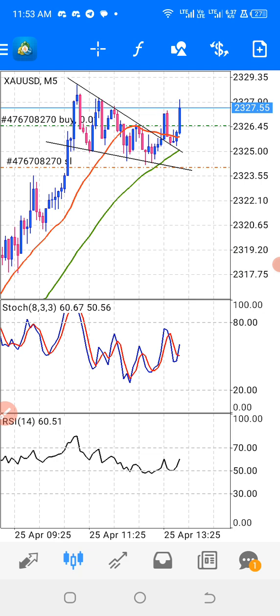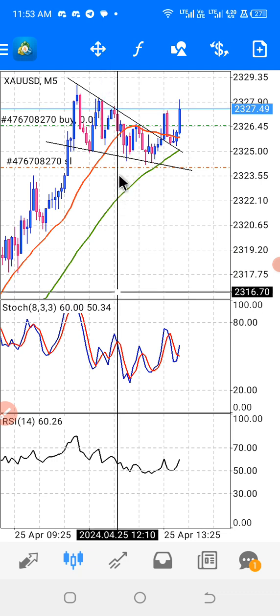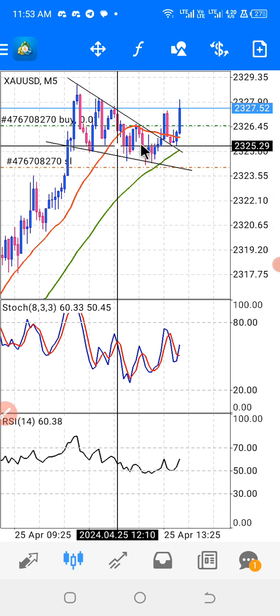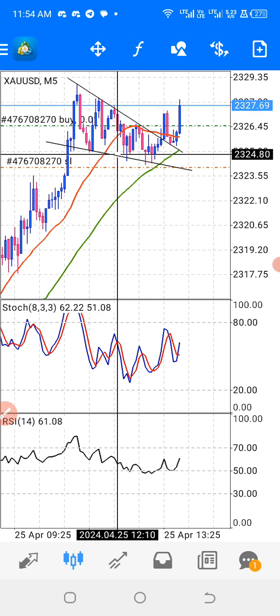Okay, so now price has created some new lows. So this was the previous low, this is another swing low, so we can actually move our stop loss to this level. Okay, let me show you what I mean, guys. You can actually place your stop loss here, just below this moving average. Okay, you can place your stop loss below this moving average.